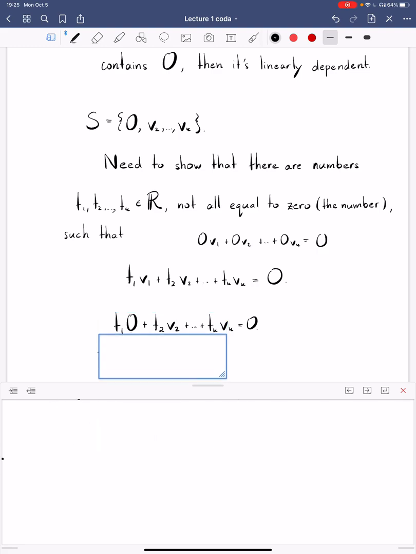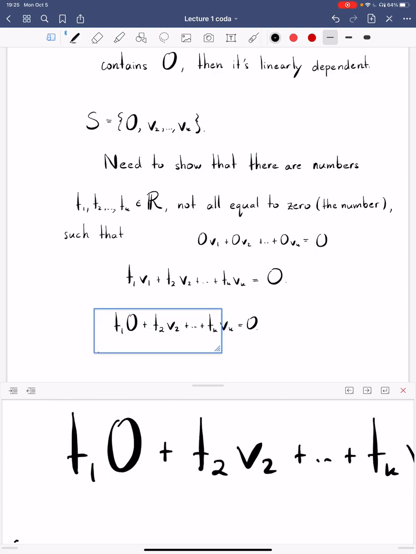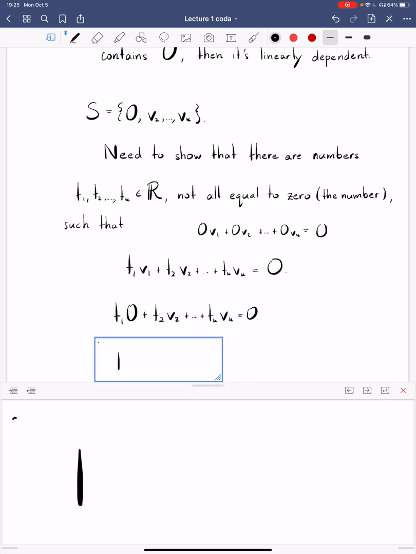That gives me the freedom to make t1 any arbitrary non-zero number that I like. So let's make it the number 1. Okay, so I have 1 times the zero vector. Let me write 0v for the zero vector in v so that we're not confusing it with the number 0, and I'll write a little dot for scalar multiplication.